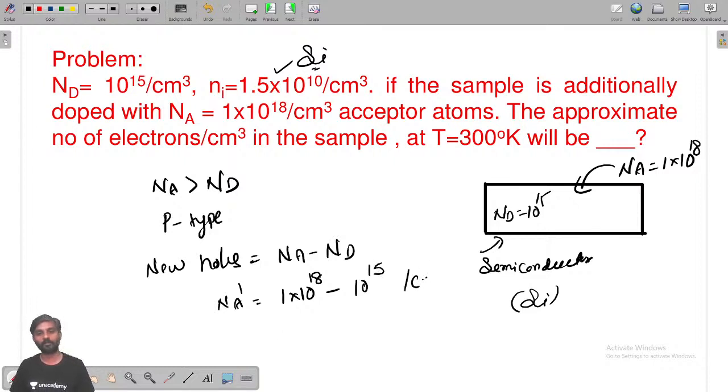All per centimeter cube only, need not worry. If you take 10 to the power of 15 common, what will be remaining? 1000 minus 1, so this is 999 into 10 to the power of 15.